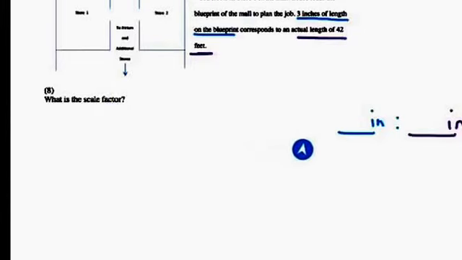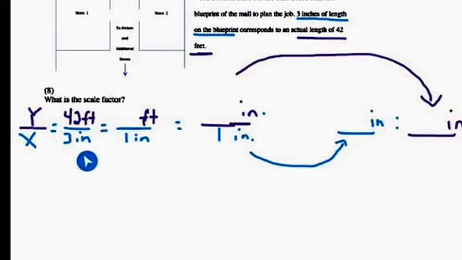So, this is our goal. Express the scale factor as a comparison of inches on blueprint to actual number of inches in real life. So here is the map of equivalent ratios leading us toward our scale factor in inches to inches.